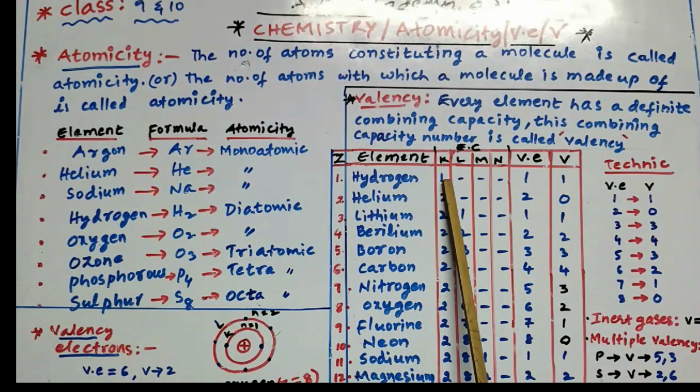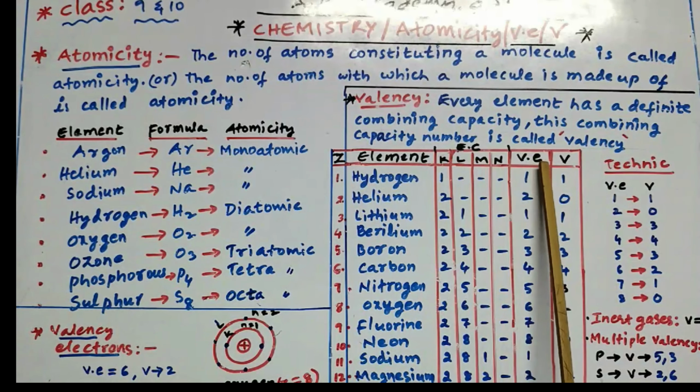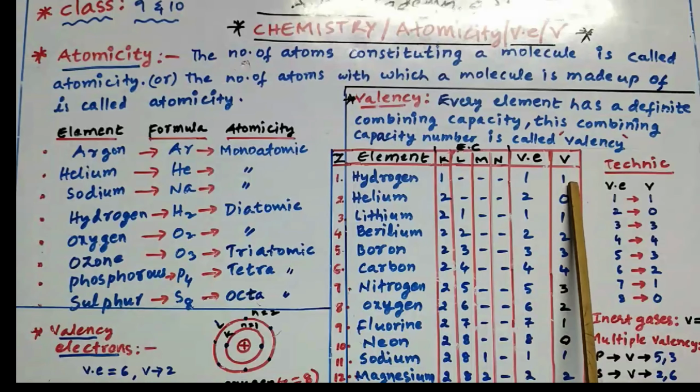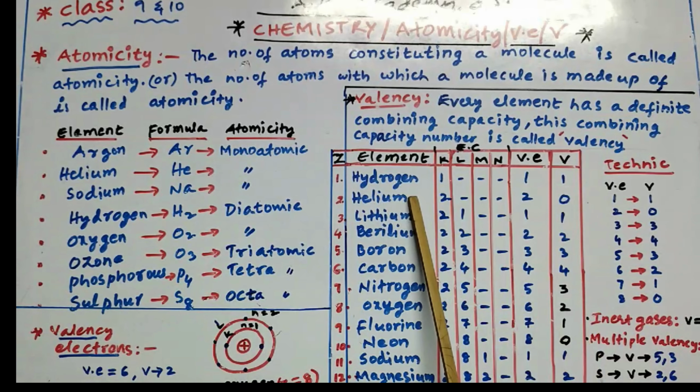In K shell, hydrogen has 1 electron, only one shell, so it is the outermost shell, valence electron 1, and its valency is 1. Helium has 2 valence electrons, and as it is an inert gas, it won't participate in bonds.